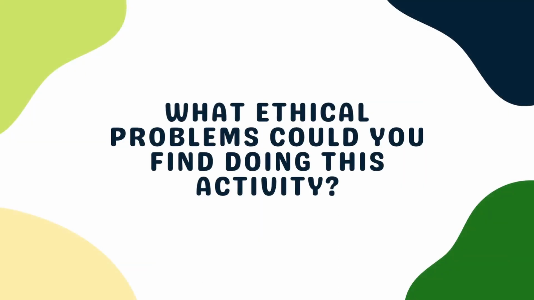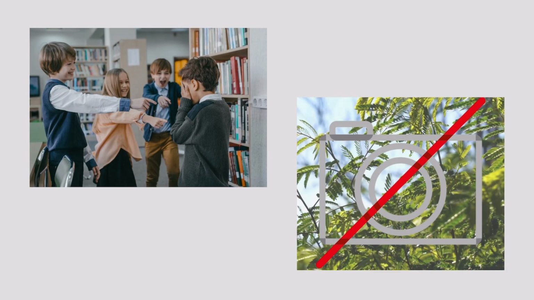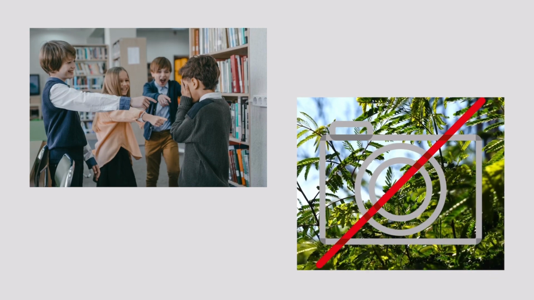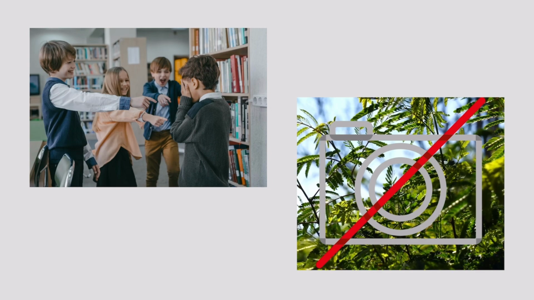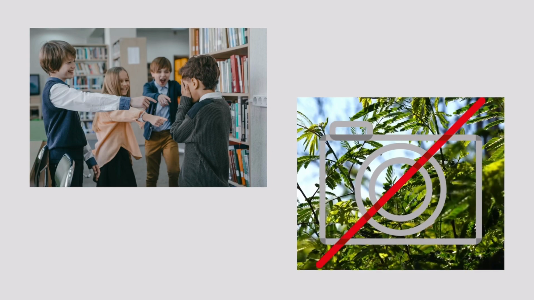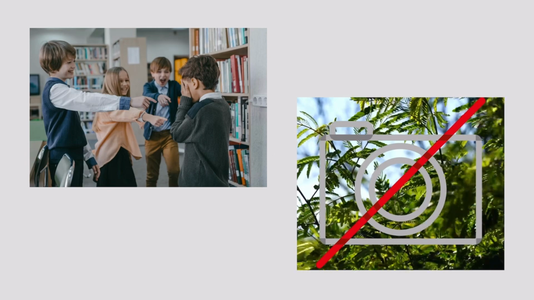What ethical problems could you find doing this activity? The ethical problems that could be found while doing this activity are bullying and the difficulty of taking pictures. Bullying can be an ethical problem found when doing group activities and must be solved immediately.